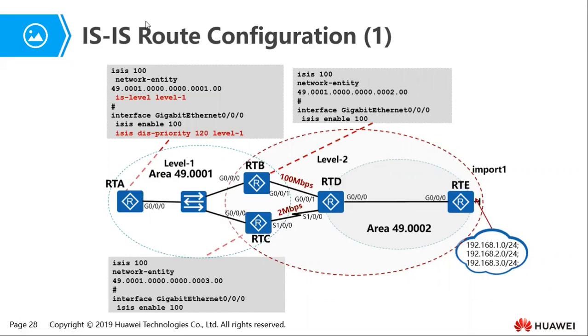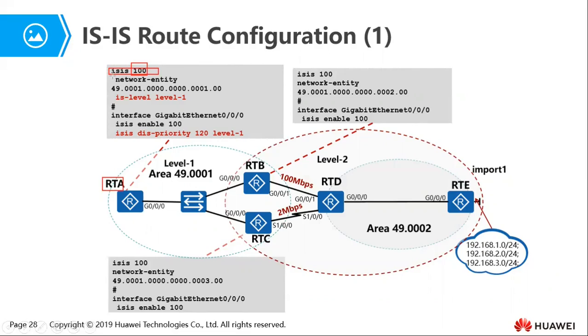So how do we configure IS-IS? Let's begin with RTA by going into system view, then you type the IS-IS command and the process ID. We've been told the process ID should be 100.